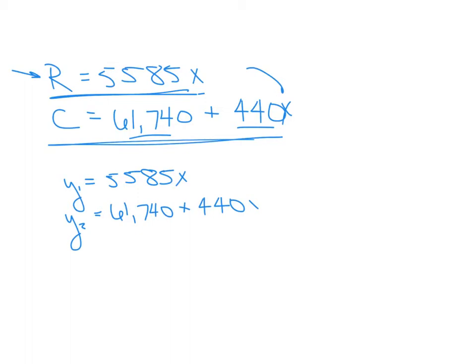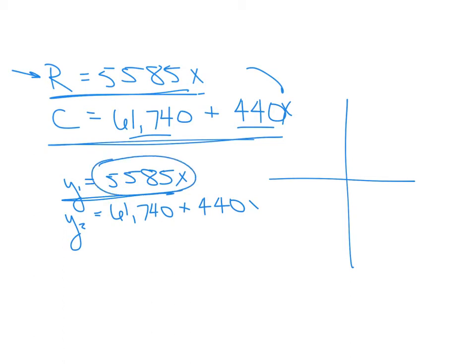Now, you can do that on the graphing calculator. You can do that just with a handwritten graph like this, and you graph this, which does not cross the y-axis because there's no y-intercept. And we know that the slope is 5585 over 1.